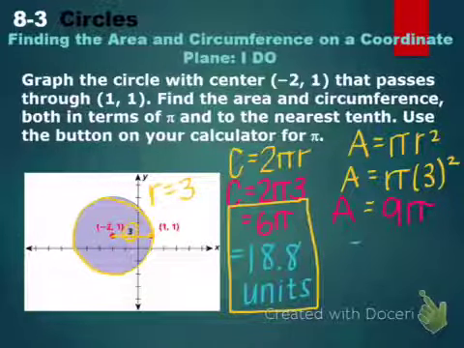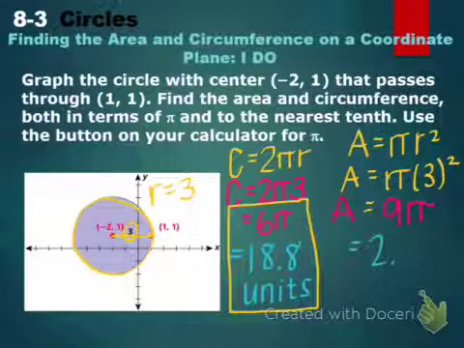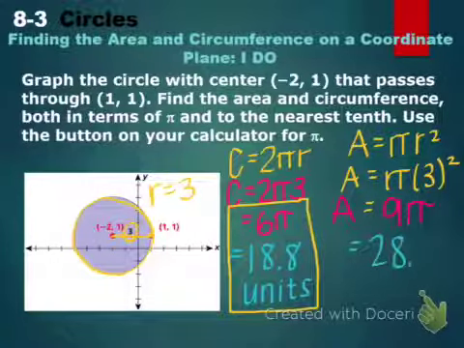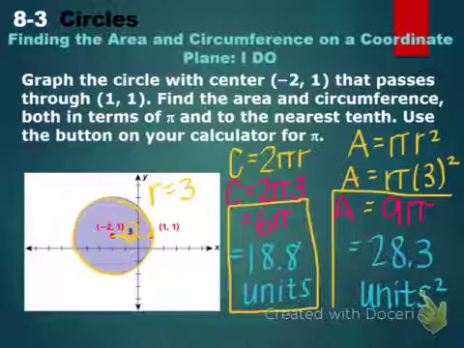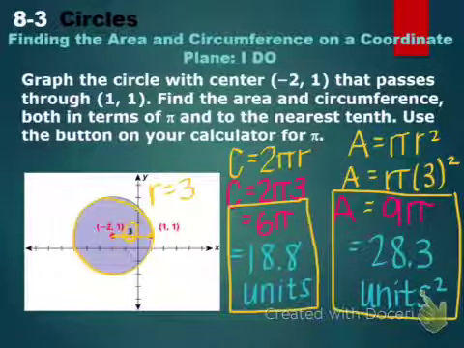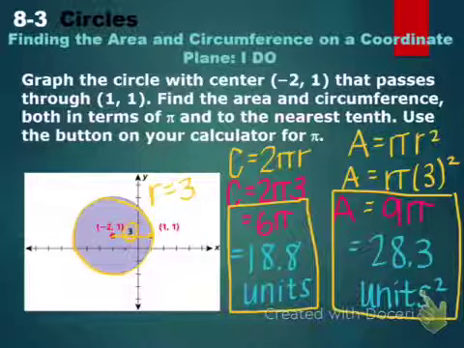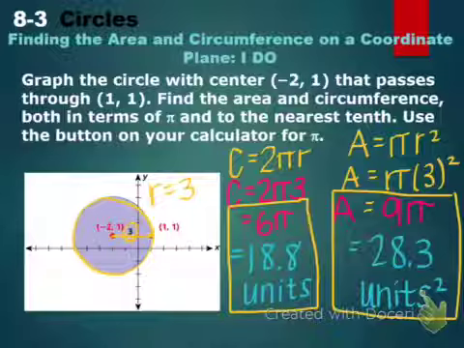Now, if we plug that into our calculator, 9 pi, we get 28.3. And this one, because it's in units that are area, they're going to be squared, so units squared. So there's our 4 answers. Circumference of 6 pi, 18.8 units, and an area of 9 pi, 28.3 units squared.